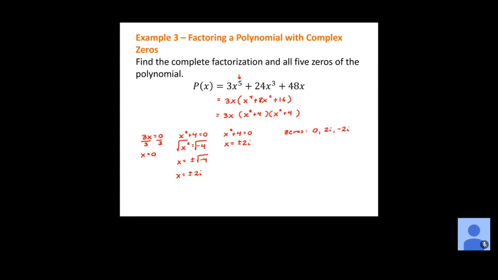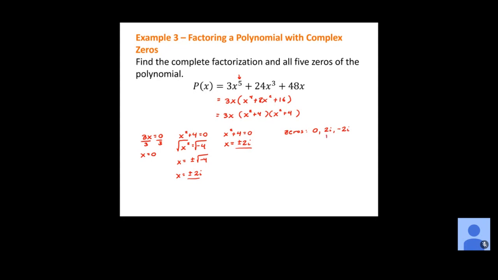But wait a minute, we said there should be 5 zeros, and we've only got 3. Why? Okay, good. So in this case, right, the 2i and the negative 2i actually happen twice, right? So they have a multiplicity of 2.